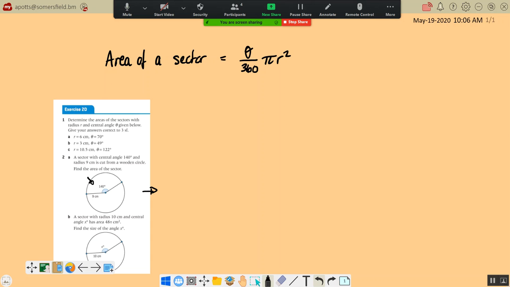What do I do to find it? 140 over 360 times pi times 9 squared. Exactly that. All right, and then can you do that on a calculator for me, someone?